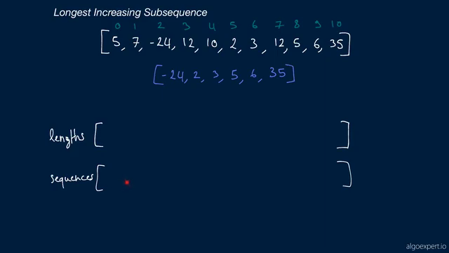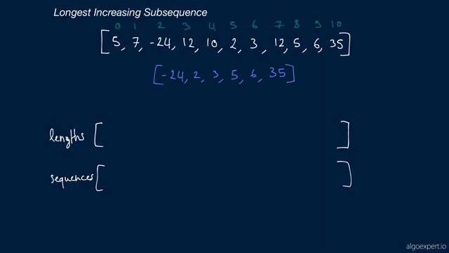And here in sequences, we're going to say, what is the index of the number that comes before 7, before the longest increasing subsequence that ends at index 1. And so we're going to store all these indices in this sequences array. And this sequences array is going to help us build up our final longest increasing subsequence.